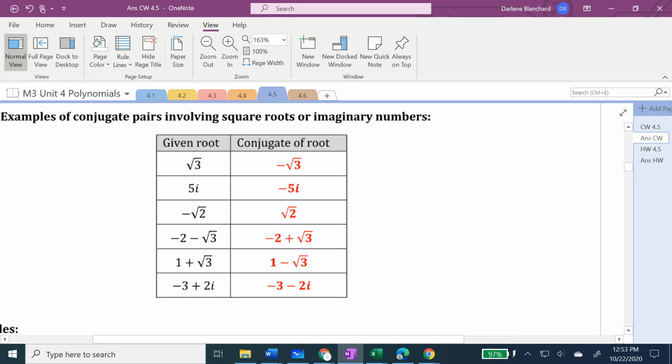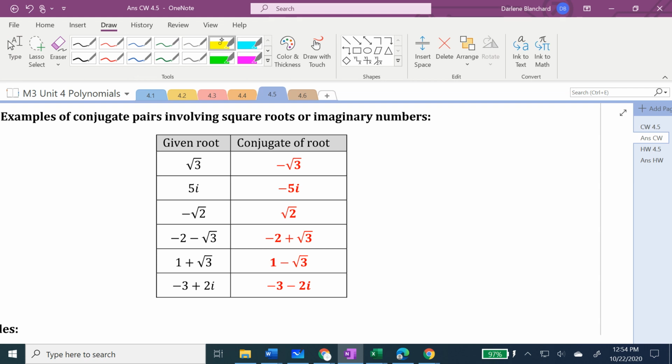I was starting to talk about this when we ran out of time. For the conjugate of an imaginary number or a root, it's about changing the sign on the term that has the i or the term that has the root. So if you are looking at this right here, I'm going to start down here. When I have -2 minus root 3, its conjugate is -2 plus root 3.